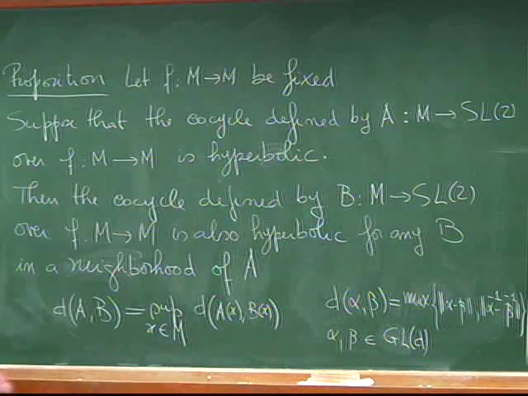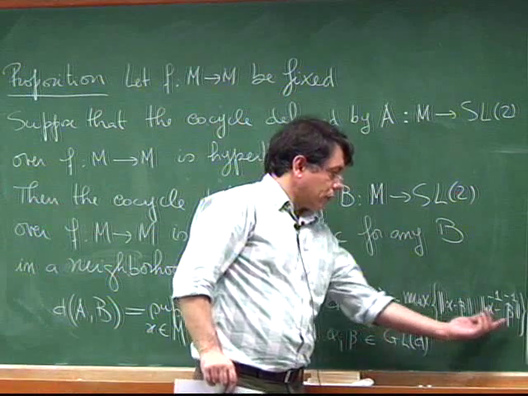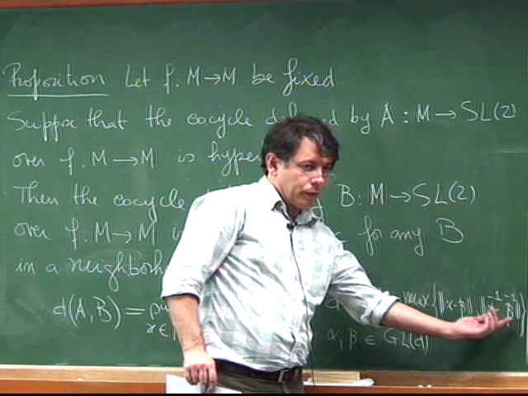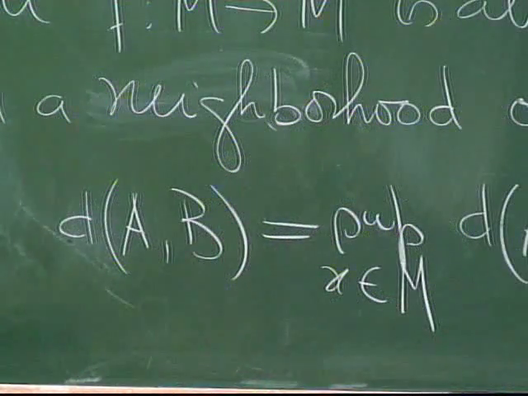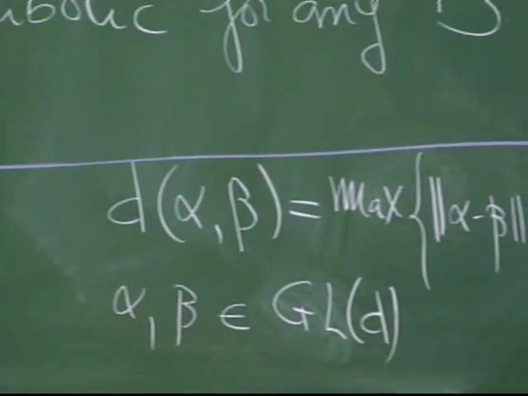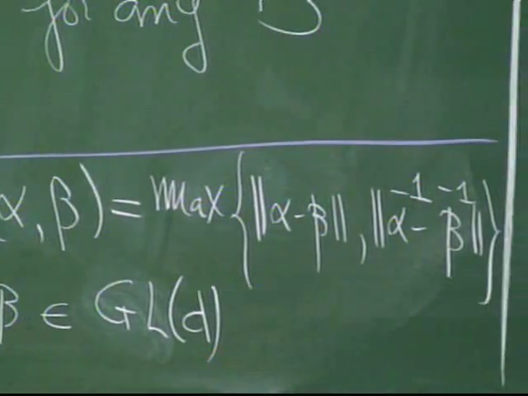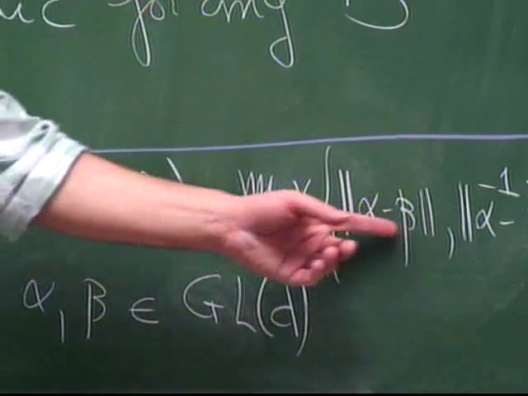But in SL, for matrices with determinant 1, if you control the difference between the matrices, you control the difference between the inverses as well. So in SL we don't need a second part. And here you can use whichever norm you like in the space of matrices.